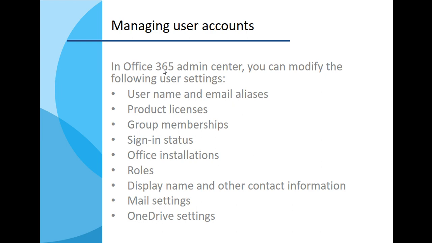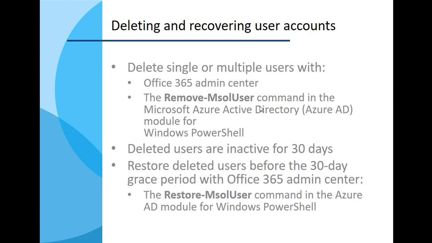So when you have a user account, you can modify a number of settings about it: the user account name, their email, aliases, what product license you need to assign to them, which groups, if you already have groups created, they are going to be members of, sign-in status, Office installation, their role, do you want them to be administrators, and so on and so forth. So not to worry, we get to see some of the settings options once we hit the demo, right?